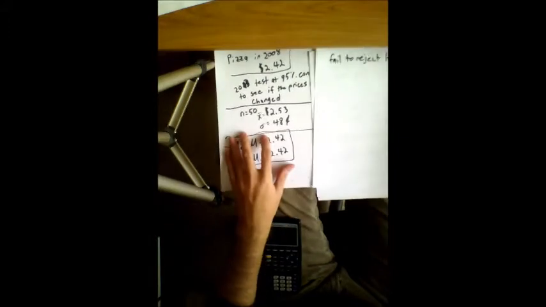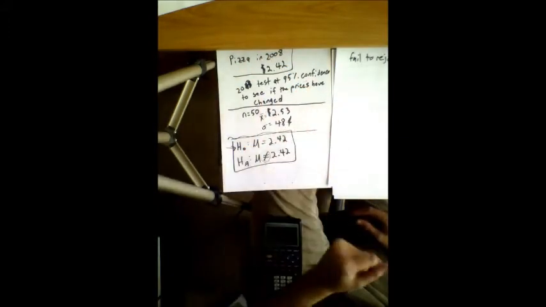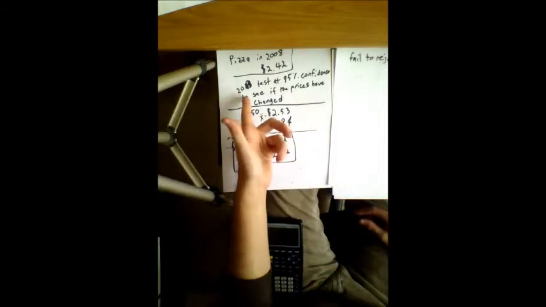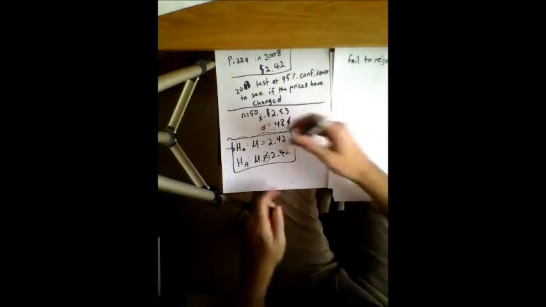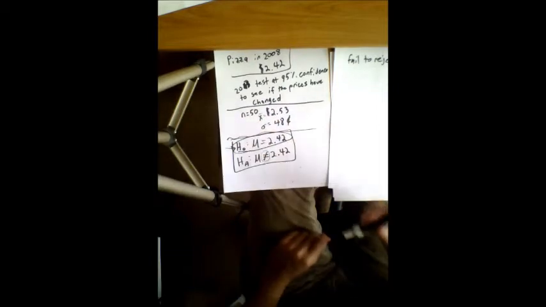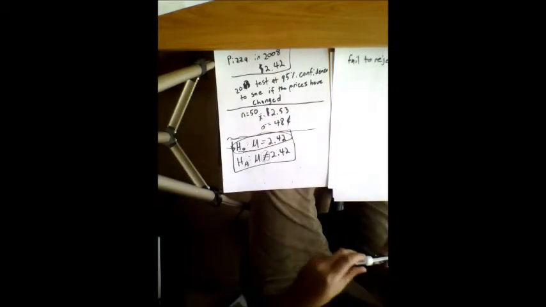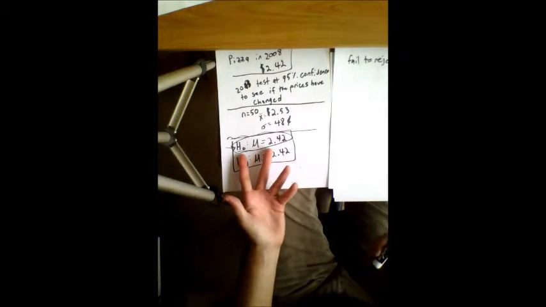Go back a few pages. We're looking at the pizza prices. How have they changed in the last 5 years? We did this sample, and we tested it. Failing to reject H0 means that we cannot throw this away. It might be true. It might be false, but we don't have enough evidence to say that it's false. So we cannot conclude that the prices have changed.